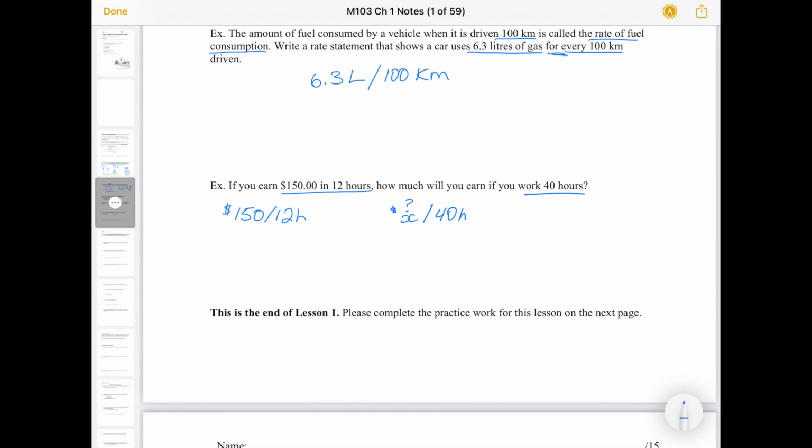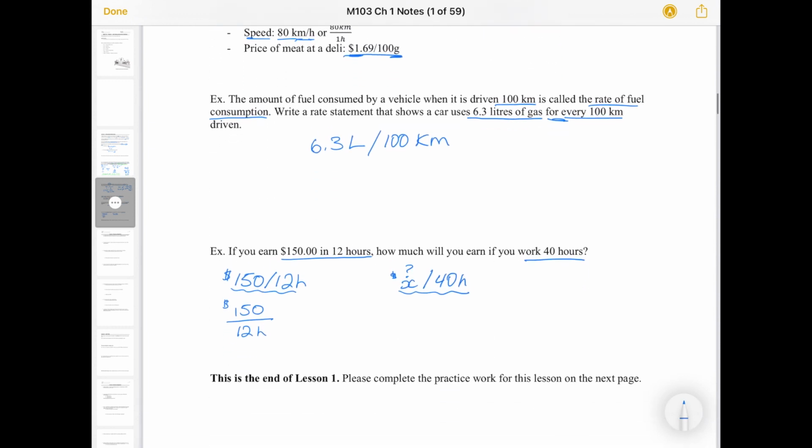Right, so the rate and ratio way is, we have two ratios here, right? So I can make them as a fraction, $150 over 12 hours. And I can write this, X dollars over 40 hours.